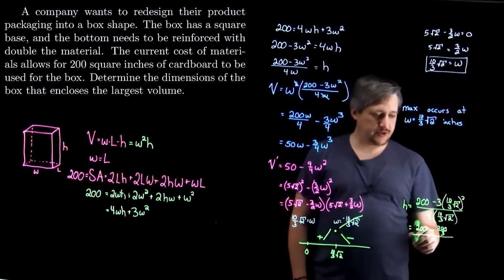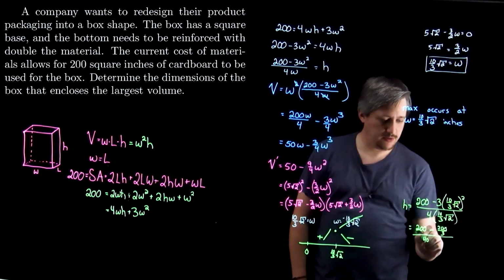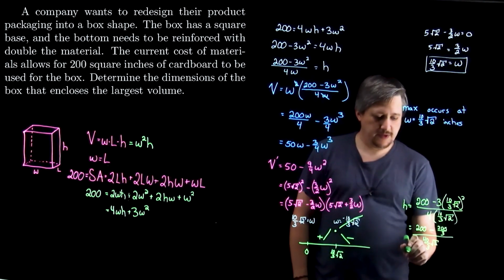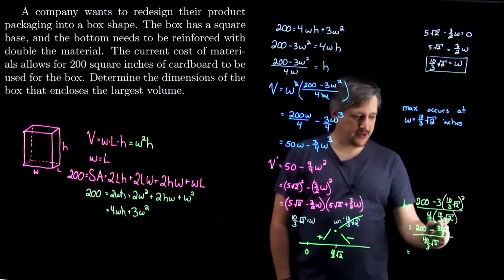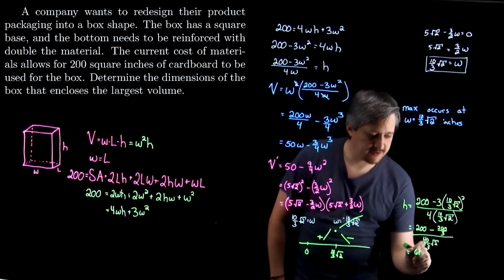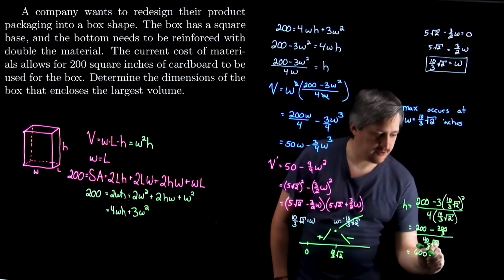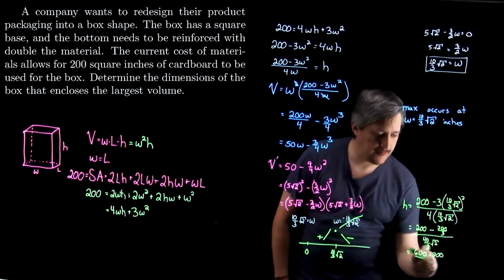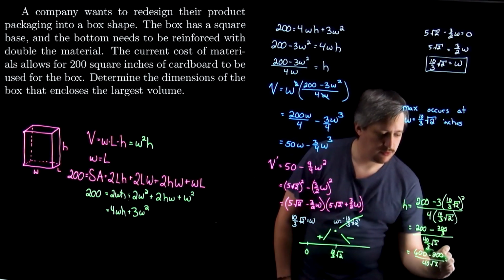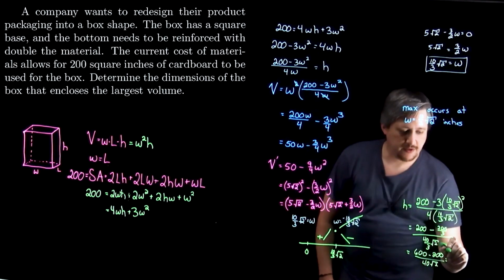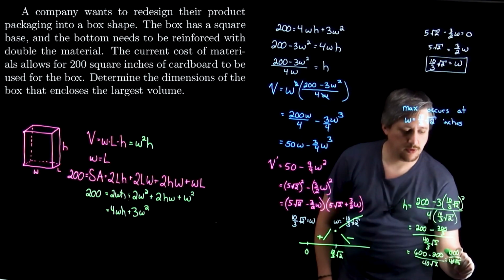And then down here, I'm just going to get some awful number, 40 over 3 root 2. And to make that a little bit nicer looking, I'm going to multiply everything by 3 because that'll cancel out that 3 and that 3. So I'll get 600 minus 200 over 40 root 2, which is going to give me 400 over 40 root 2.